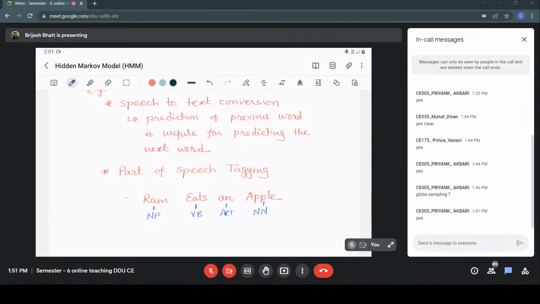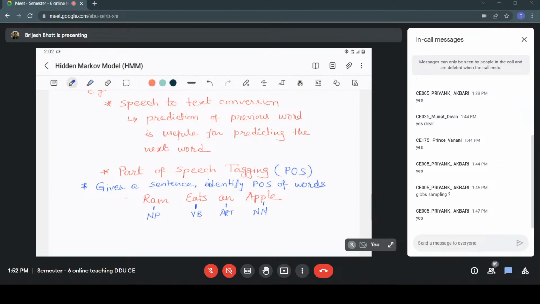So the problem is, given a sentence, identify the part of speech of words. Part of speech I will refer to as POS. So input is a sentence and output is the part of speech of every word of the sentence.